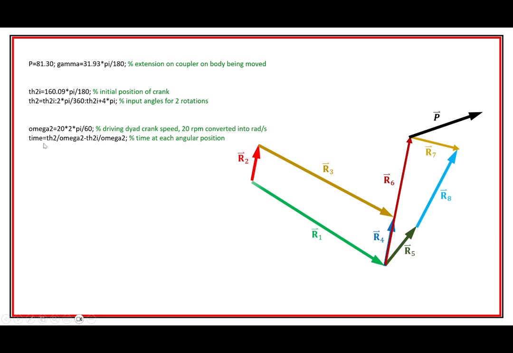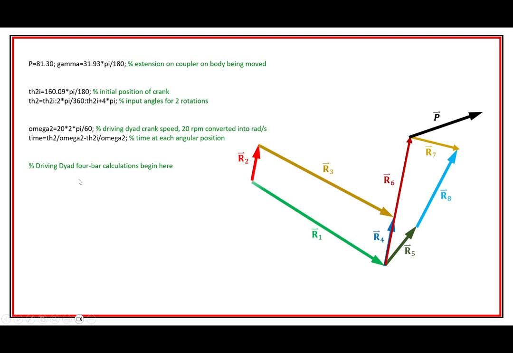Take theta 2, so here's a time at each angular position. Let me double check that I'm saying that the right way. Yes, okay, because we want time to start at 0, I think that'll be correct.